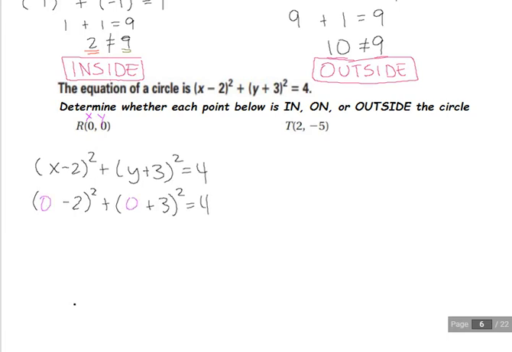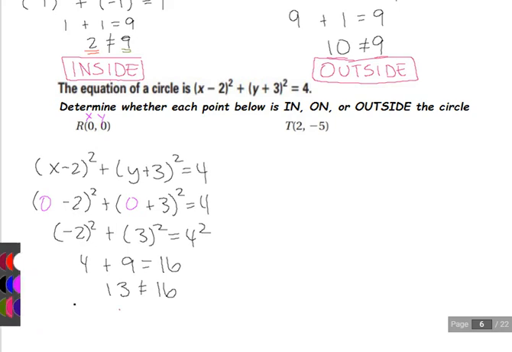So we're actually checking against the origin. That's negative 2 squared plus 3 squared is equal to 4 squared. So we have 13 and 16, not equal, but we have a smaller value for the calculated distance between the center and the point, and so this is going to be inside the circle.